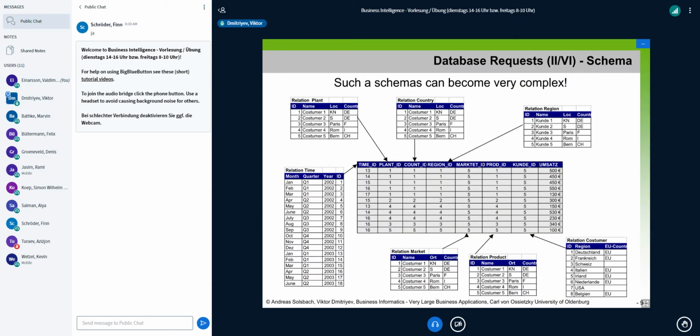You already saw the schema. This is basically a star schema, and I won't stop on it, but still, again, you have sort of facts inside in the middle table, so it's called the fact table. What's actually a fact? It's on the right side here. It's like the number that is here, revenue.